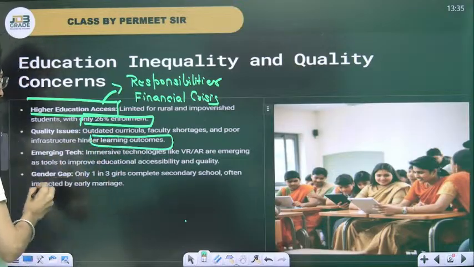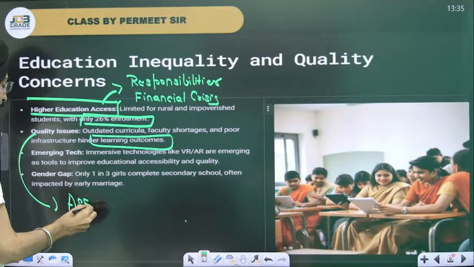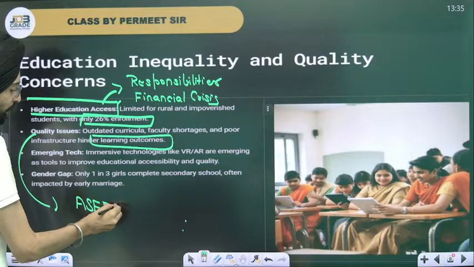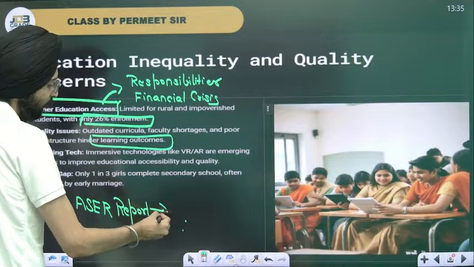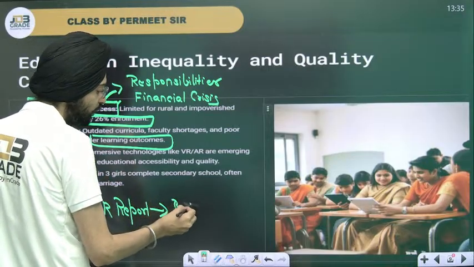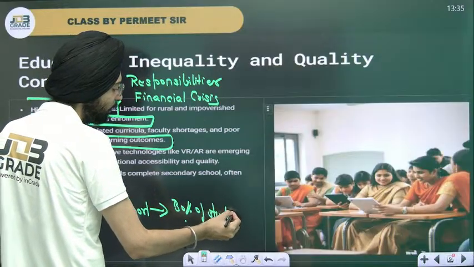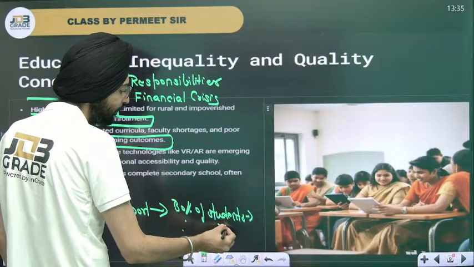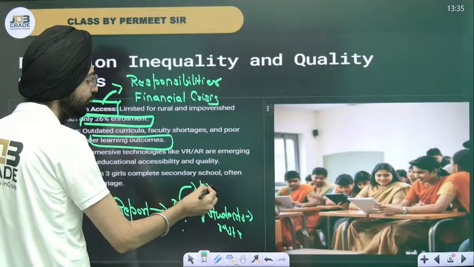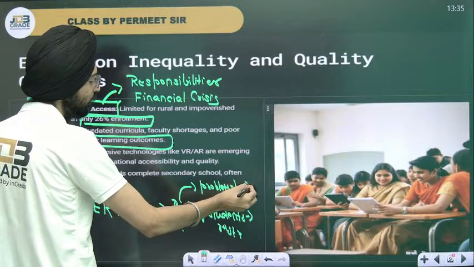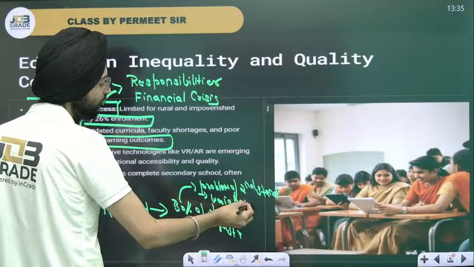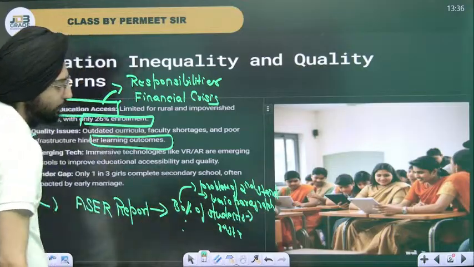There is something called the ASER report. The ASER report says that 30% to 40% of students in 8th standard can't even solve a 2nd standard problem, or can't even read a basic paragraph. That's how things work.